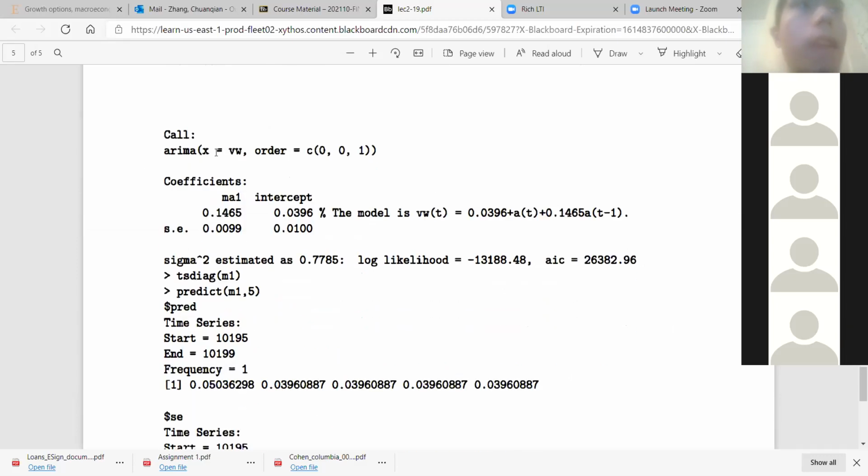Here they use ARIMA, which is again an alternative version. So I'd better move to the next class to talk about ARIMA in a more systematic way, because the ARIMA model is a synthesis of the MA and AR.